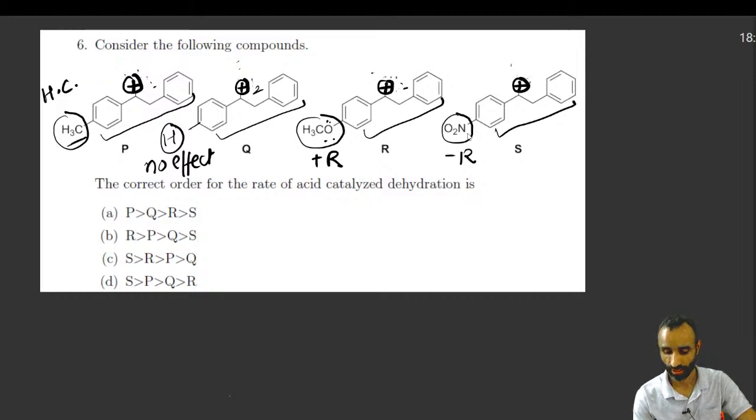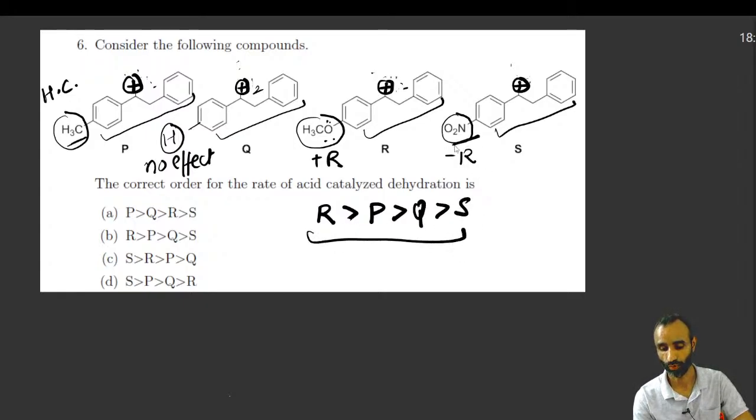So R is most stable. That's why its dehydration is maximum. Then P, and then Q, and at the end S, because the NO2 group withdraws electrons, therefore intensifying the positive charge.